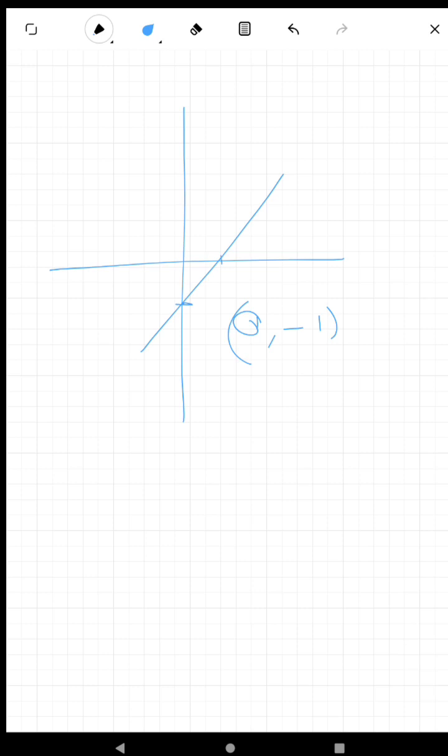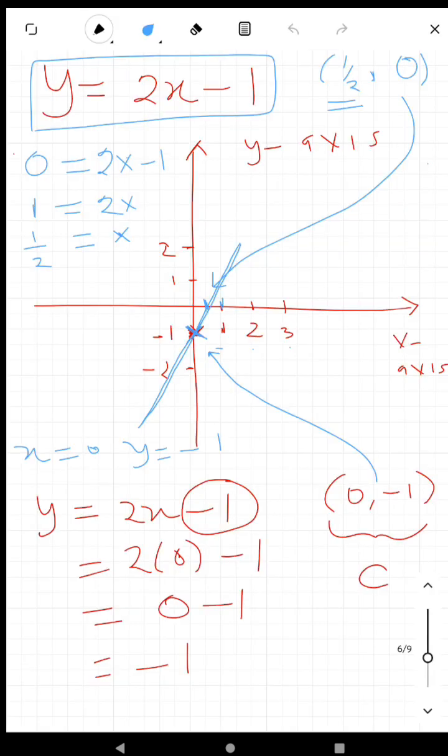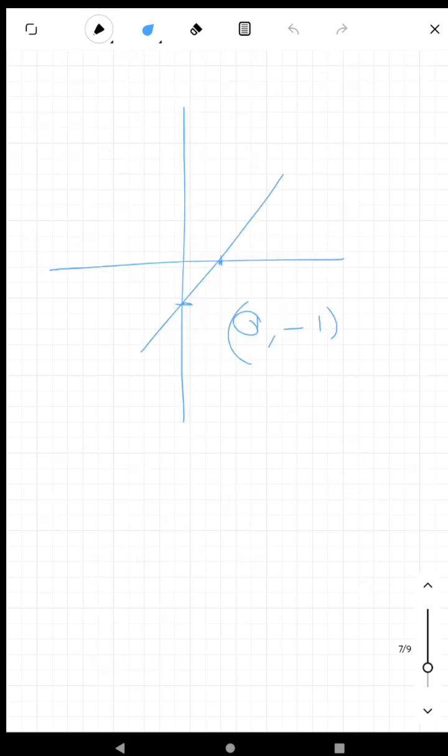And then it crosses this point here at half, comma, 0.